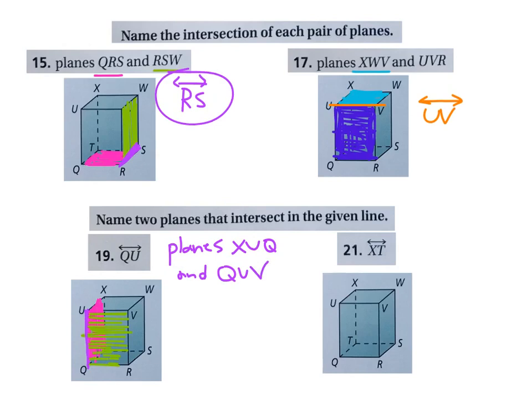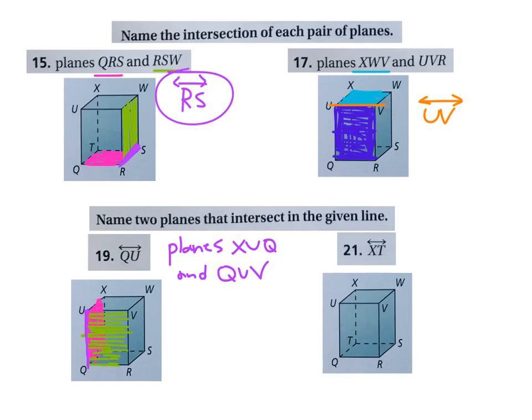And notice there are more than 3 points on each plane, but you will notice that the 2 points that are in the line, U and Q, since they're on the pink plane and on the green plane, they can both be used in the name if you choose.